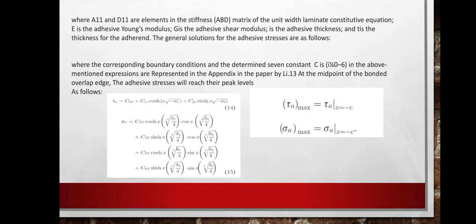Sigma is equal to c3 cosh(x) into fourth root b3 by 4 cos x fourth root b1 by 4, where the corresponding boundary conditions and determined 7 constants, I from 1 to 6 in the above mentioned expression, are represented in the appendix in the paper by Li 13, and the midpoint of the bounded overlap edges adhesive stresses reach their peak level as follows.